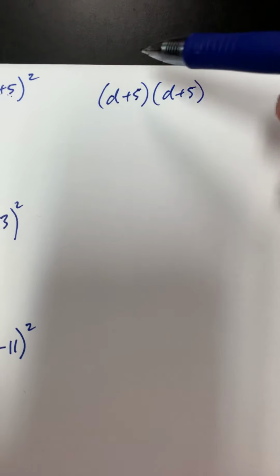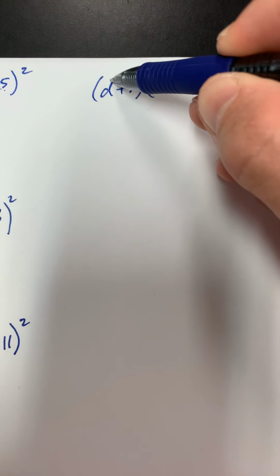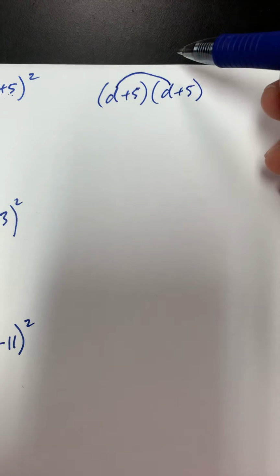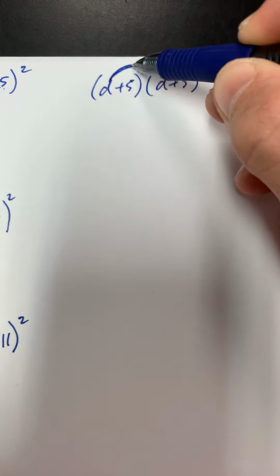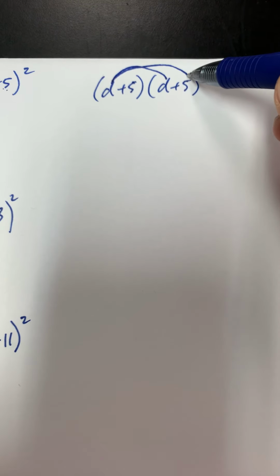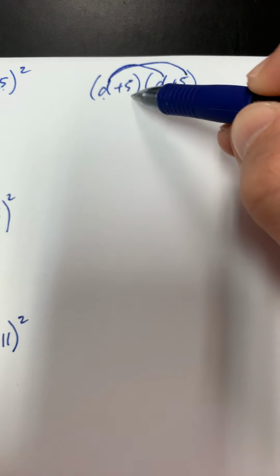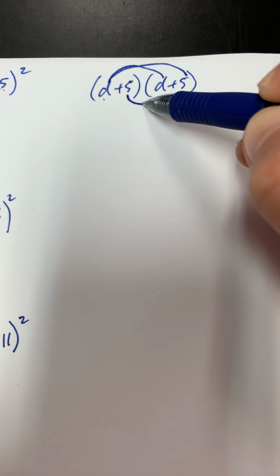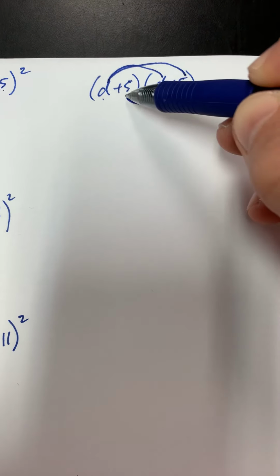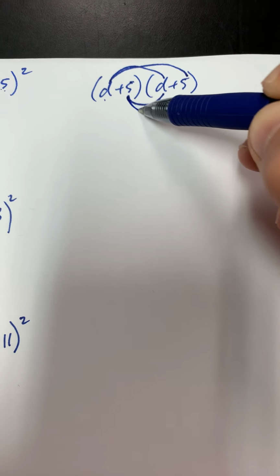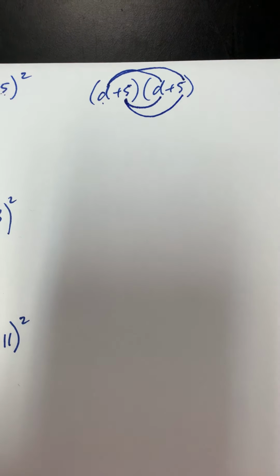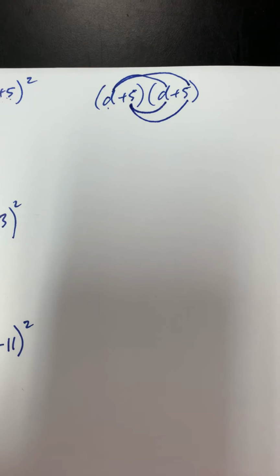So the FOIL method, I'm going to go my first terms, so d times d, then my outside terms, that's d times 5, and then my inside terms, which is 5 times d, and then my last terms, which is 5 times 5.